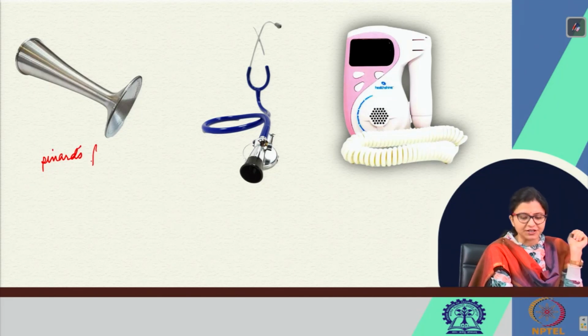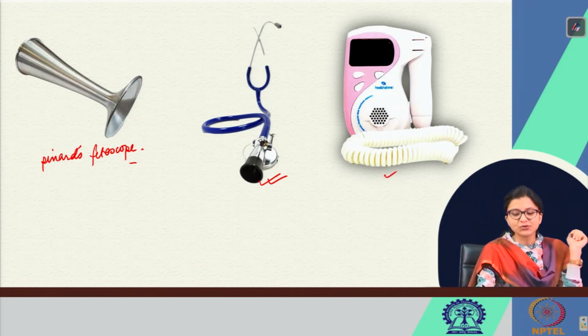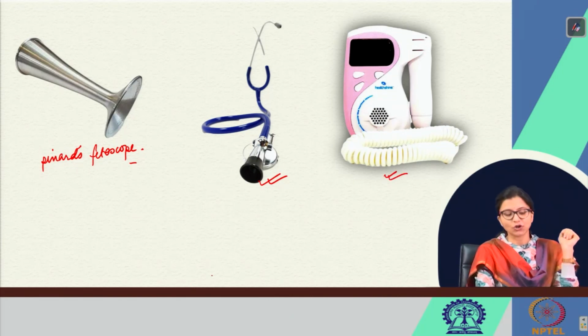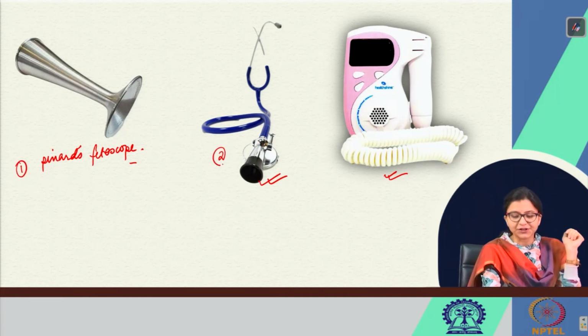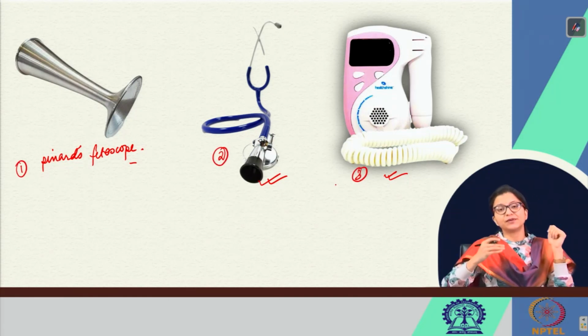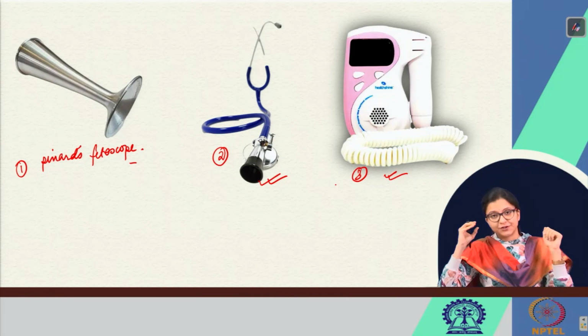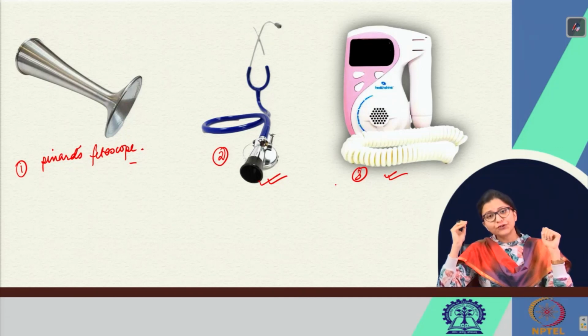Of the 3, you can use the Pinard's fetoscope, you can use the bell of the stethoscope, or you can use the handheld Doppler. With any of the three placed on the mother's abdomen, you auscultate the fetal heart rate, at an interval of 15 minutes in the active first stage of labor, and in the second stage it has to be monitored every 5 minutes, right.